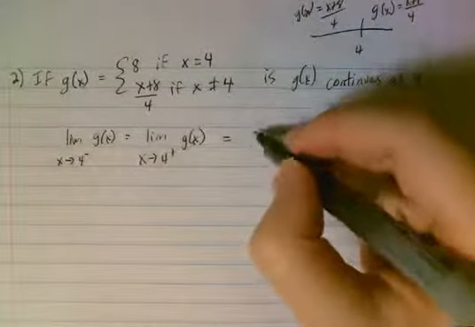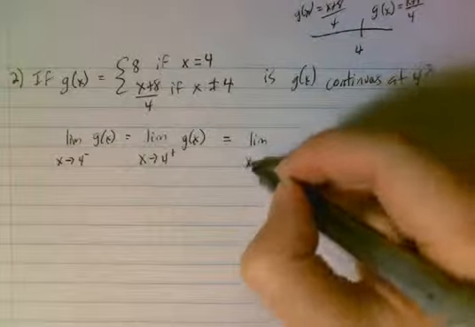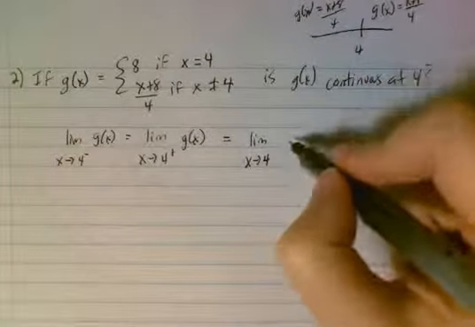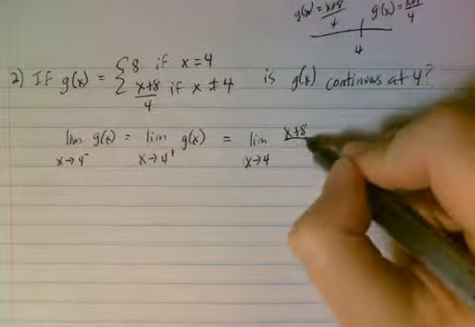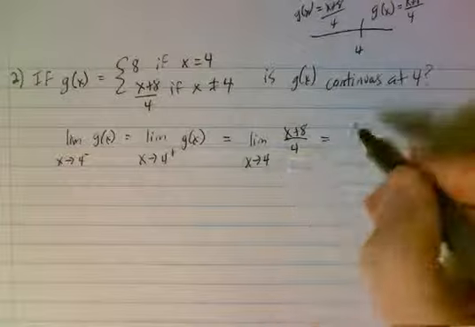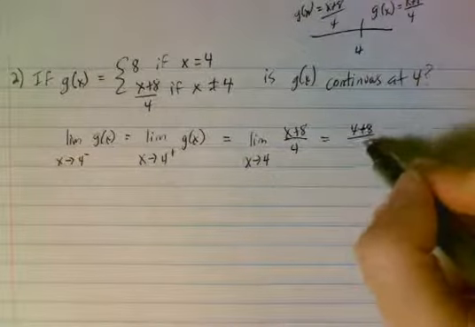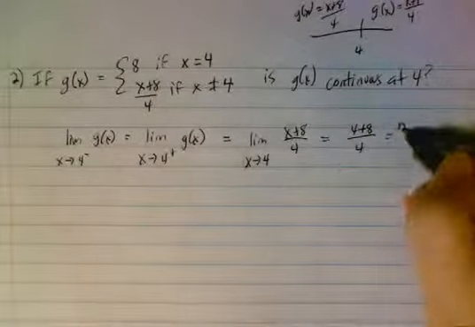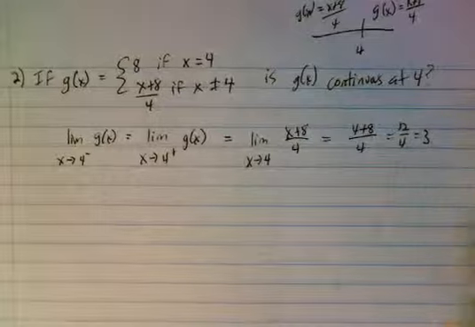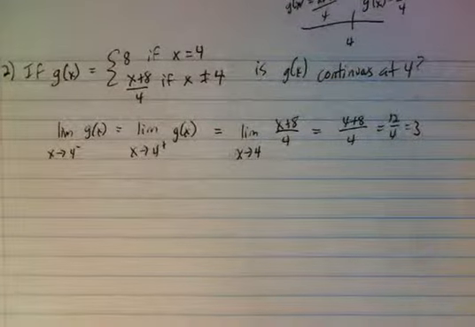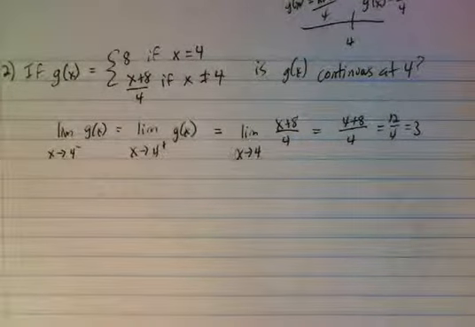So what we're finding is the limit as x approaches 4 of x plus 8 over 4. 4 plus 8 over 4, 12 over 4, or 3. So we've done that first piece. We found the overall limit.